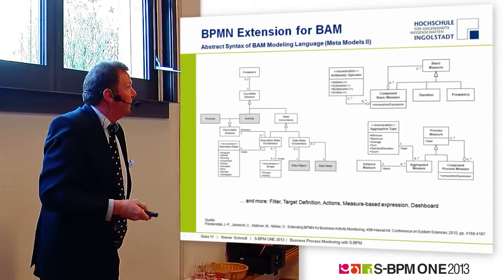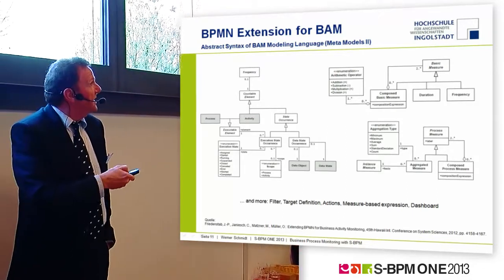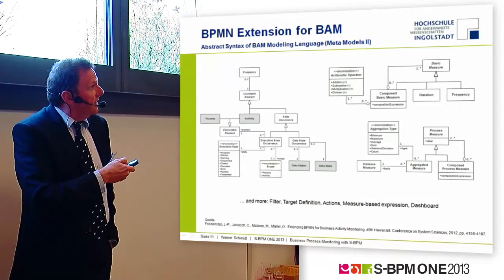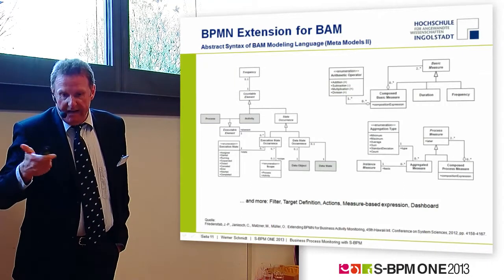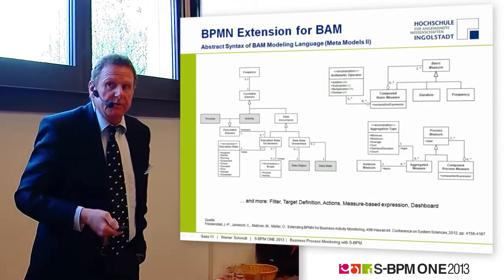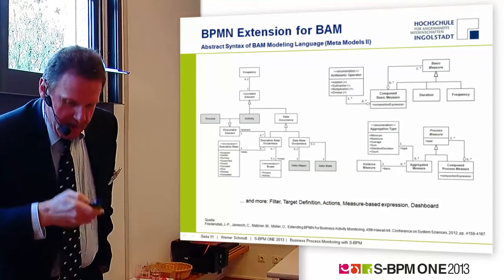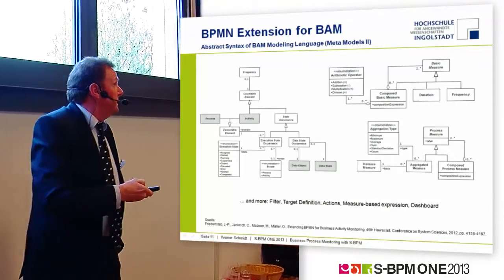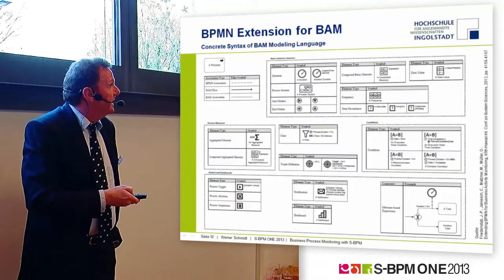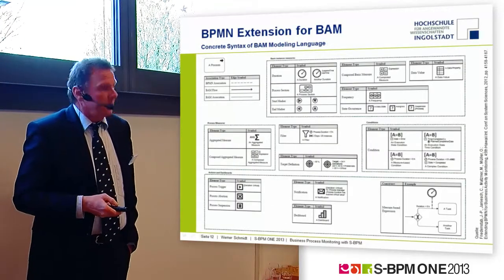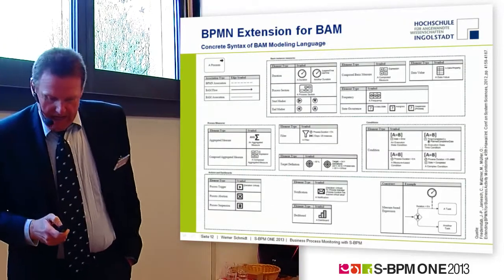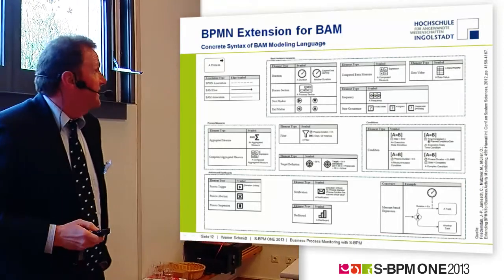Now, next step was, of course, with such an abstract model, no one can really work. An end user cannot work, the domain expert cannot work, who should set KPIs, for example. So the idea of the colleagues was to add a graphical notation for these different types of PPIs.